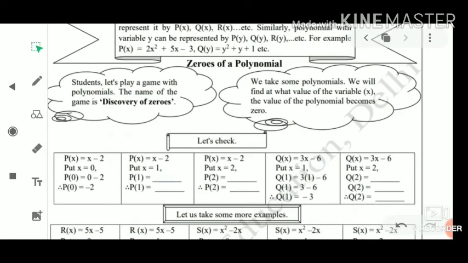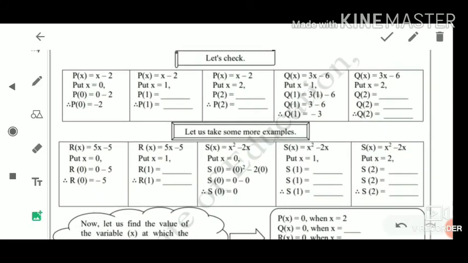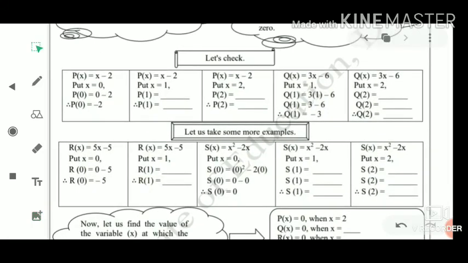The worksheet number 3 has a question. We need to put the x value in our expression. So here we can see how we can put the value of x in our algebraic expression.